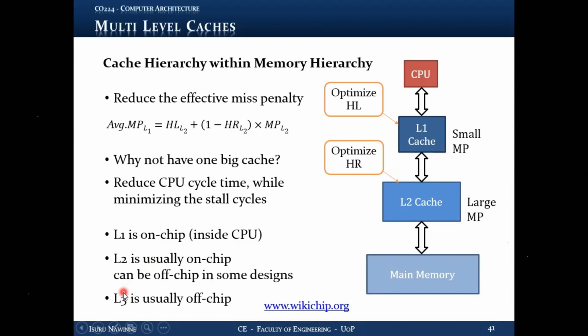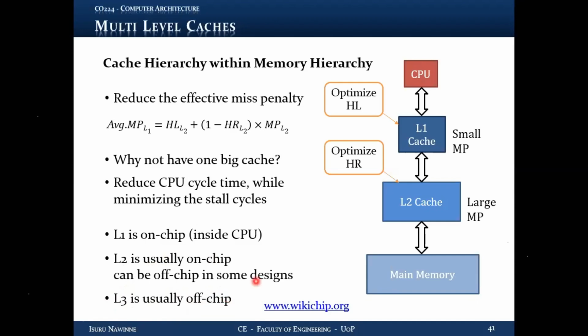If you have level 3, especially in multiprocessor systems, it is usually off chip, but there are quite a lot of designs with level 3 also on chip, especially in multiprocessor systems where you have multiple processor cores on the same chip.